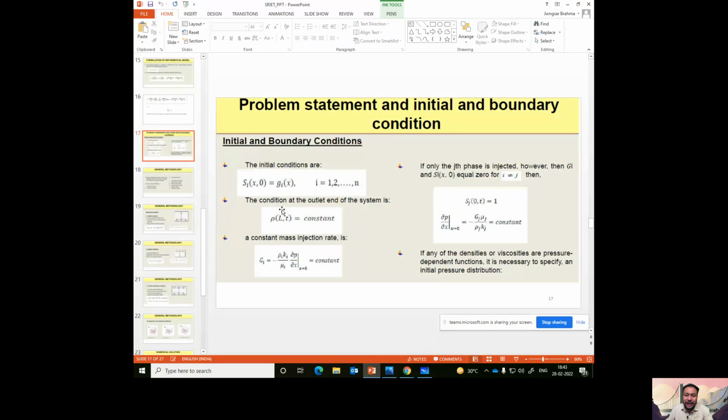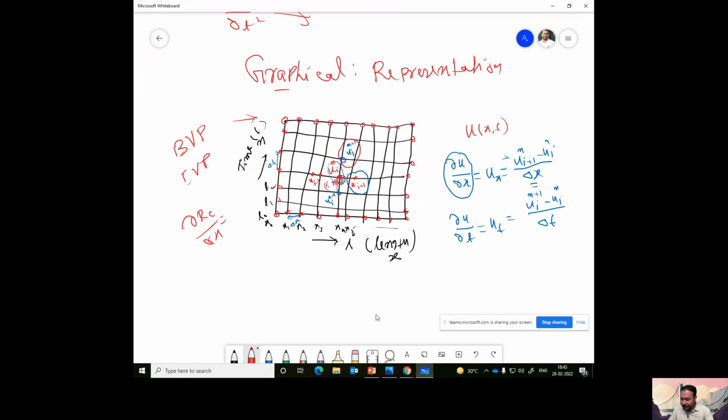Next, the condition at the outlet end of the system. See, density is suppose constant. Here, this is the capillary tube in the petroleum reservoir system. Suppose this is the inlet, where fluid can flow through porous media, and this is called the outlet.